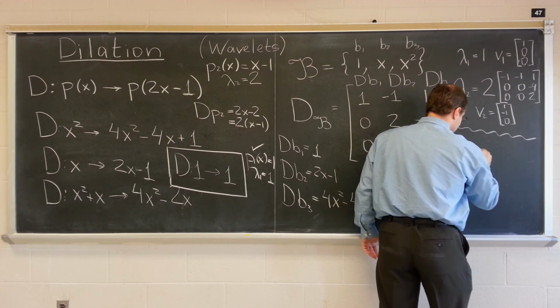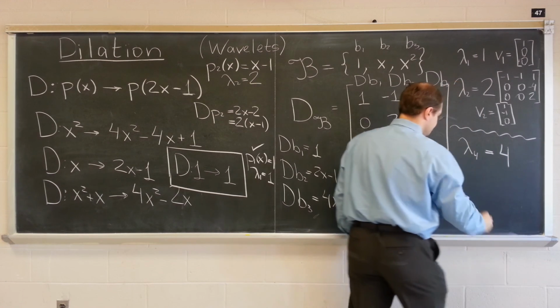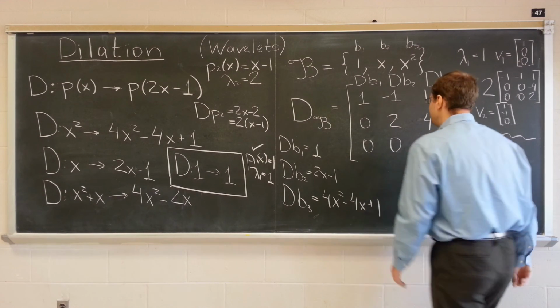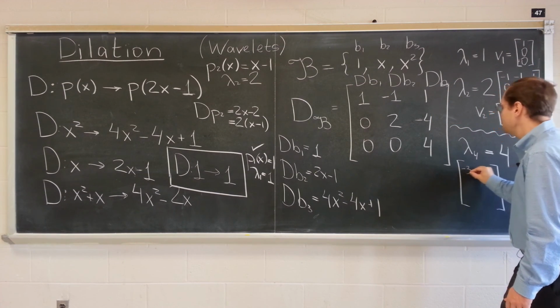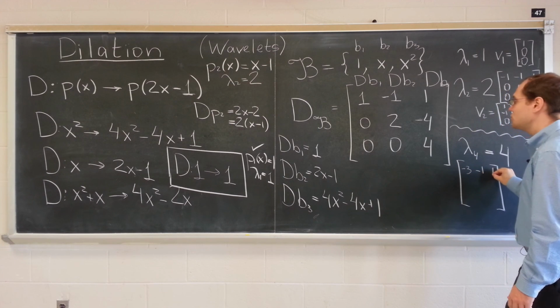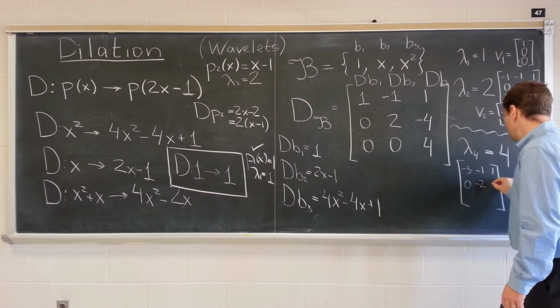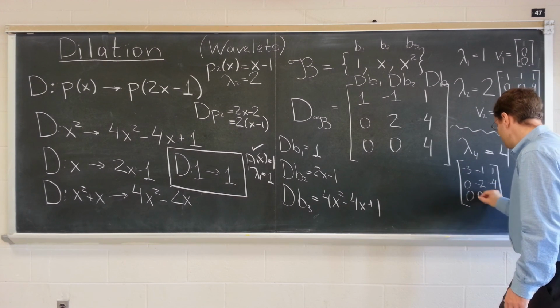So, lambda 4 equals 4. Subtracting 4 from the diagonal, we get minus 3, minus 1, 1, 0, minus 2, minus 4, and 0, 0, 0.